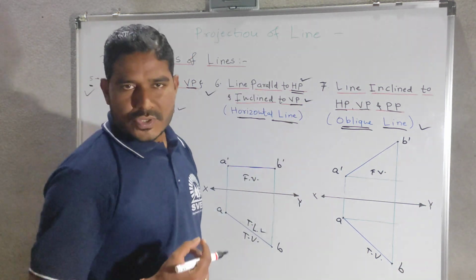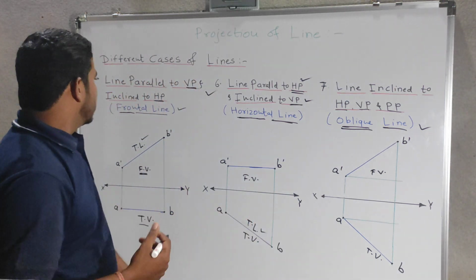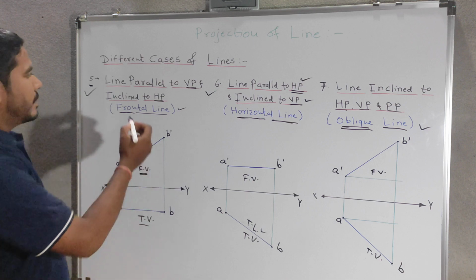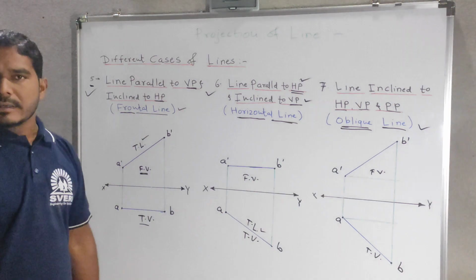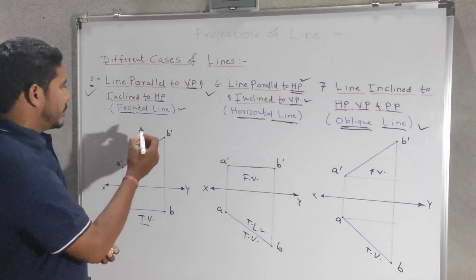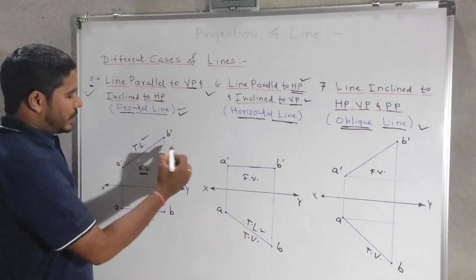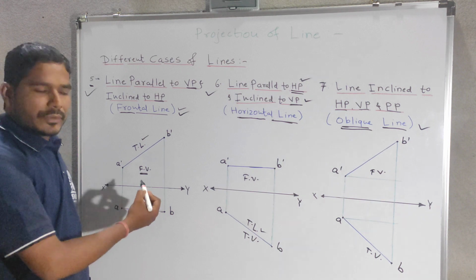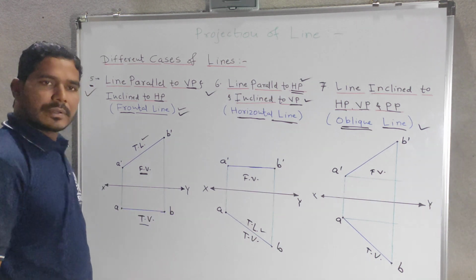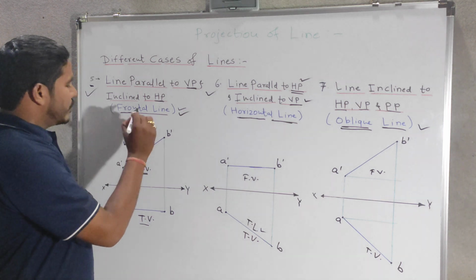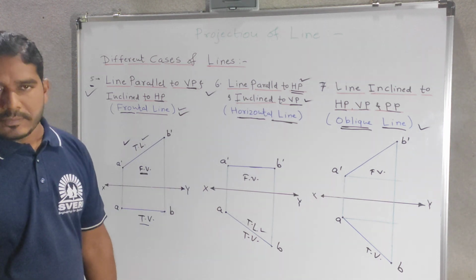Now we'll briefly summarize. In this video, the fifth case we saw was the line parallel to the VP and inclined to HP, which we call a frontal line. Its front view is inclined to XY, its top view is parallel to XY, and the front view provides the true length of the line AB.